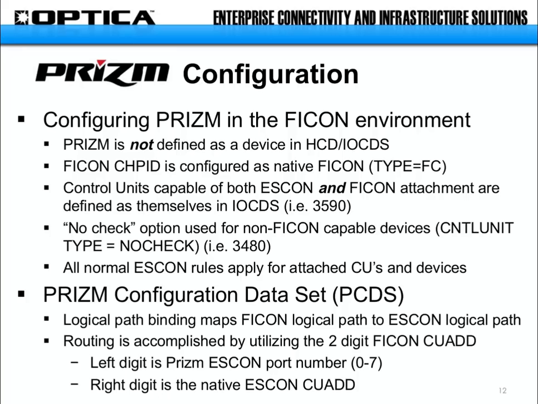So from a very high level, from a methodology perspective, the way that magic works is that Prism utilizes the 2-digit FICON CU add, with the left digit representing the ESCON port number on the back of Prism, which is going to be 0 through 7, and the right digit representing the native ESCON CU add that's already being used.